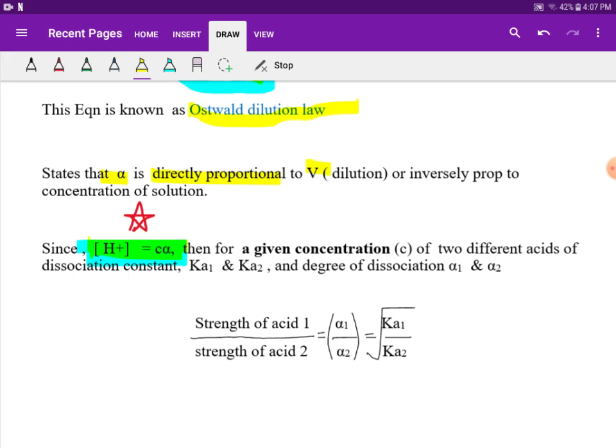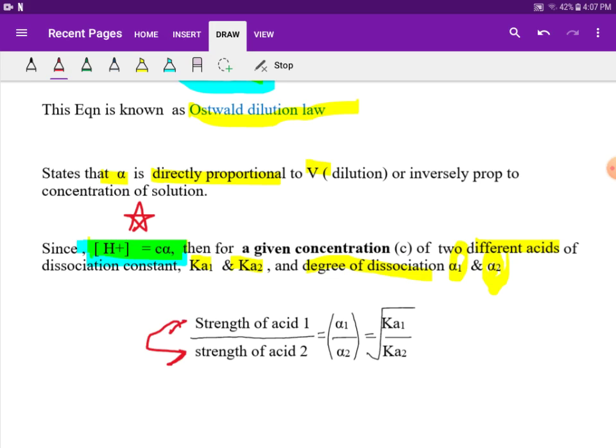Therefore, if we have two different acids with dissociation constants Ka1 and Ka2 and degrees of dissociation alpha 1 and alpha 2, we can very well compare the strength of acid 1 with the strength of acid 2.